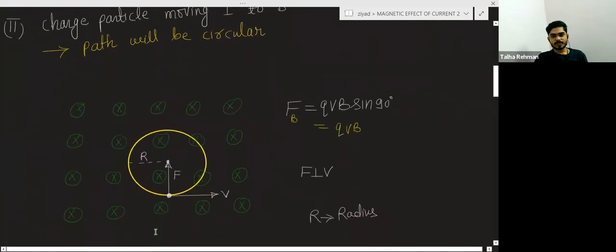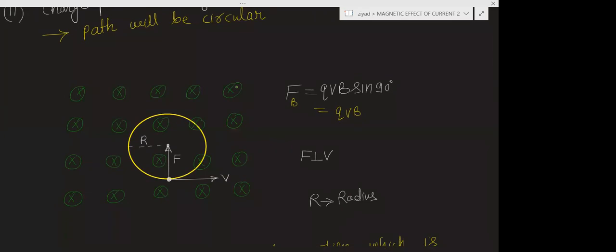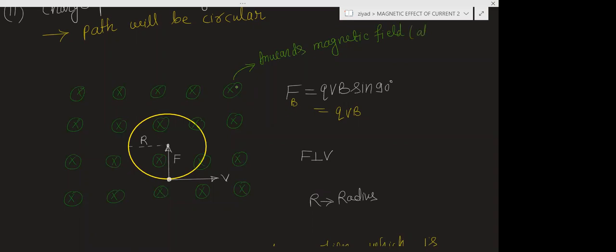Okay. So, see here, in this case, this cross means the magnetic field is inwards. We have already discussed. You can write inwards magnetic field. Inwards means along negative z axis, into your screen.